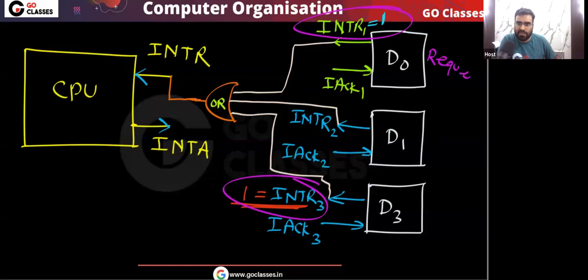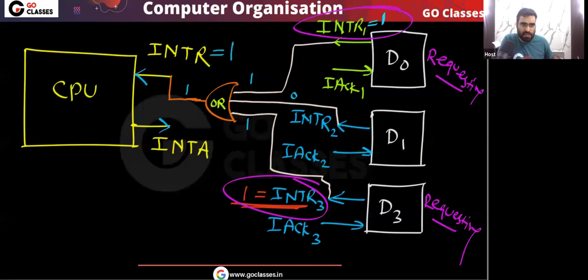This device is requesting an interrupt, and also this device is requesting. These two devices are requesting, but the CPU has only one pin. So you can notice this is one, this is zero, this is one, so the OR gate output will be one. So this will become one. Now the CPU knows that there is an interrupt.